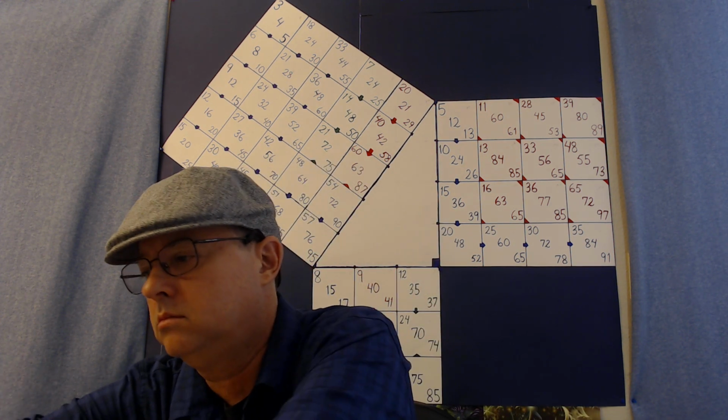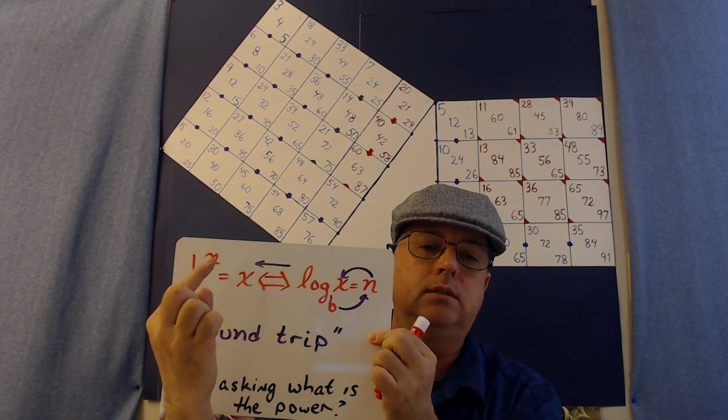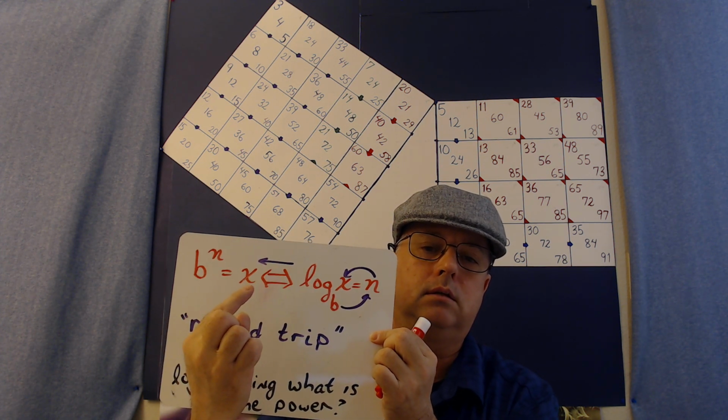Now, Mr. Donald, I don't get that. Okay, well, let's understand it here. You see, the log base b of x is a power. It's an exponent. So when we take b and raise it to the n power, we get x.